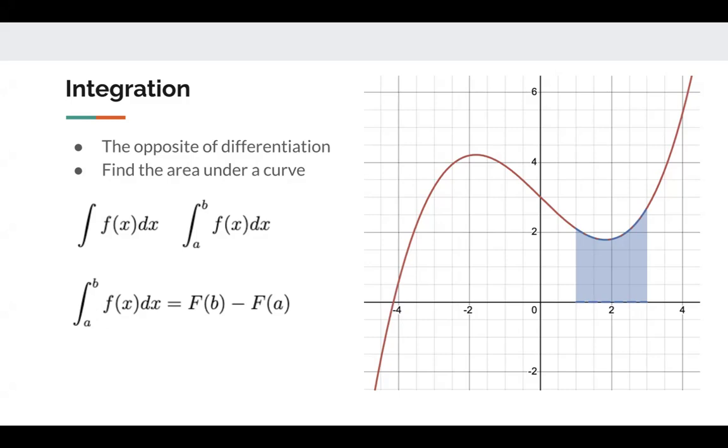So what's a good example? Like I said, it's the opposite of differentiation. Let's say you're moving at a certain speed, and this is how your speed is changing through time. If you take the integral of your speed from time 1 all the way to time 3, in this tiny amount here, I moved forward by this area.